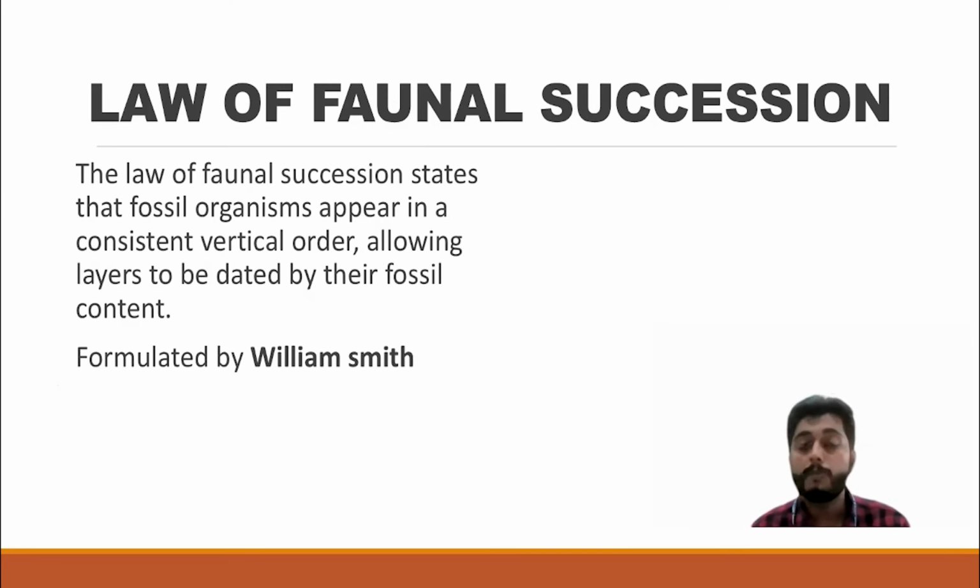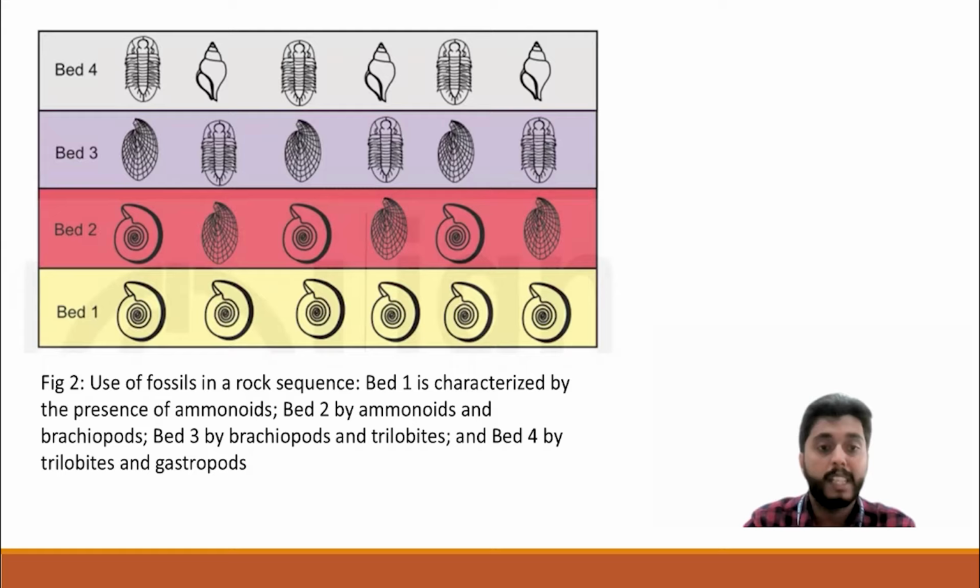Next law is the law of faunal succession. According to this law, fossils of organisms appear in a consistent vertical order, allowing layers to be dated by their fossil content. On this image, you can clearly separate each of the beds based on the fossil content. In bed 1, there is only one type of fossil, but in bed 2, there are two types of fossil.